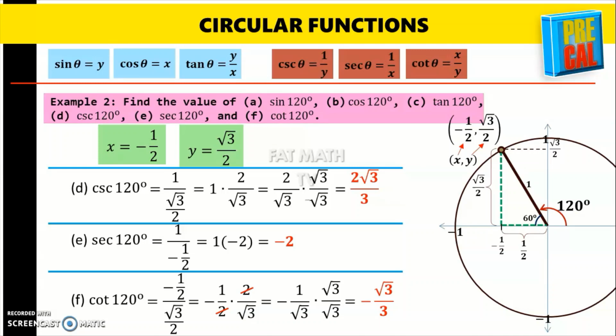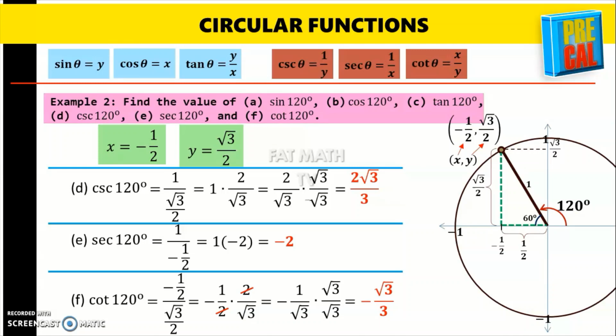So in general, the values or the coordinates are just 1/2 and the square root of 3 over 2. It's either one is x or the other one is y. And then their signs just depend on where the terminal point is.